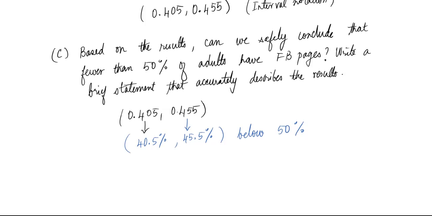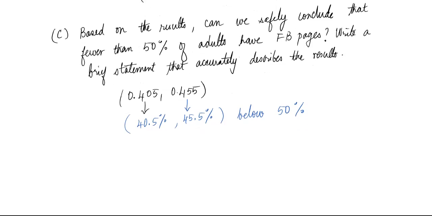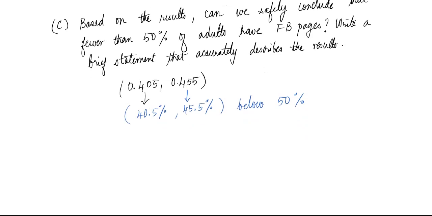What about the statement, the brief statement regarding the results? I'm not going to write it here. It's going to get wordy. So I'm just going to explain it to you. The percentage is based on a Gallup poll of 1,487 randomly selected adults in the United States. So the 43% of adults have Facebook pages.